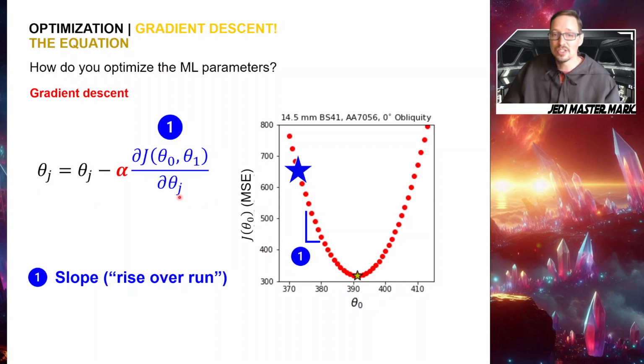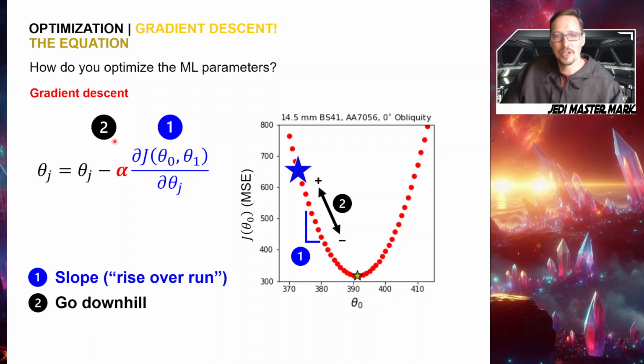If you change J to 1, this whole equation would describe how theta 1 changes. Okay, so that's the slope. If you look at this blue star and the slope, it's the rise over run at that particular point.